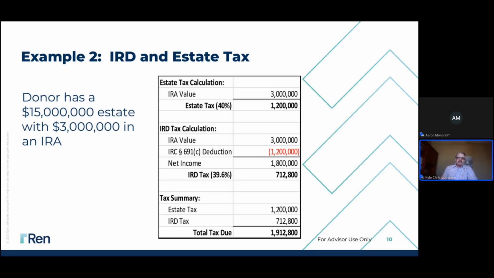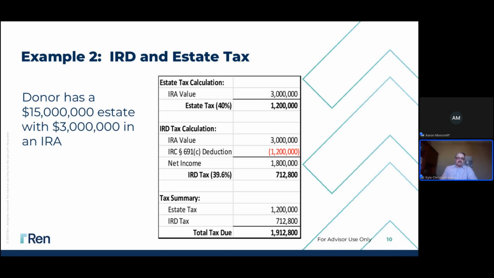What this means is now we've got a $1.2 million 691(c) deduction that we can claim against our IRD tax calculation. So how that works is, first you're going to be taxed at the estate level for that IRA, then you're going to be taxed at the IRD level that we went over in the prior example.